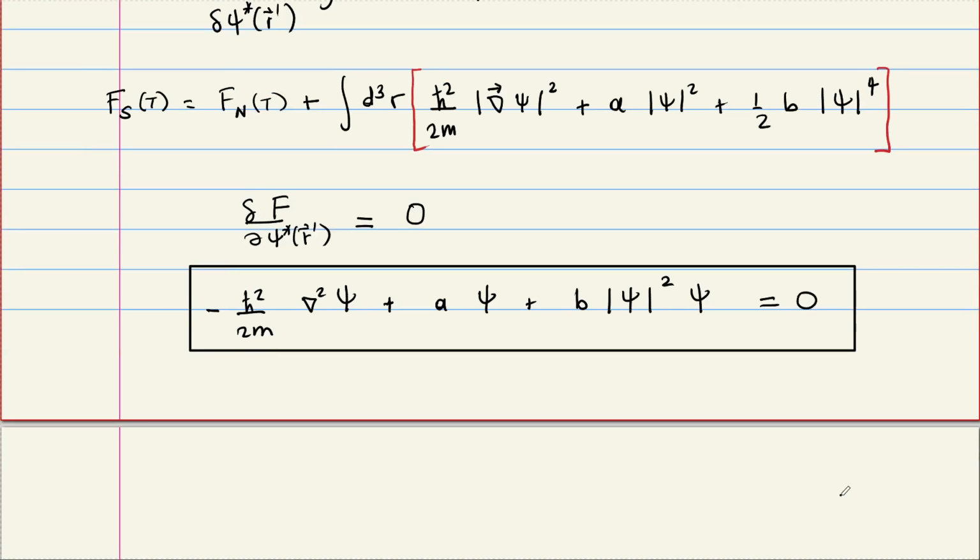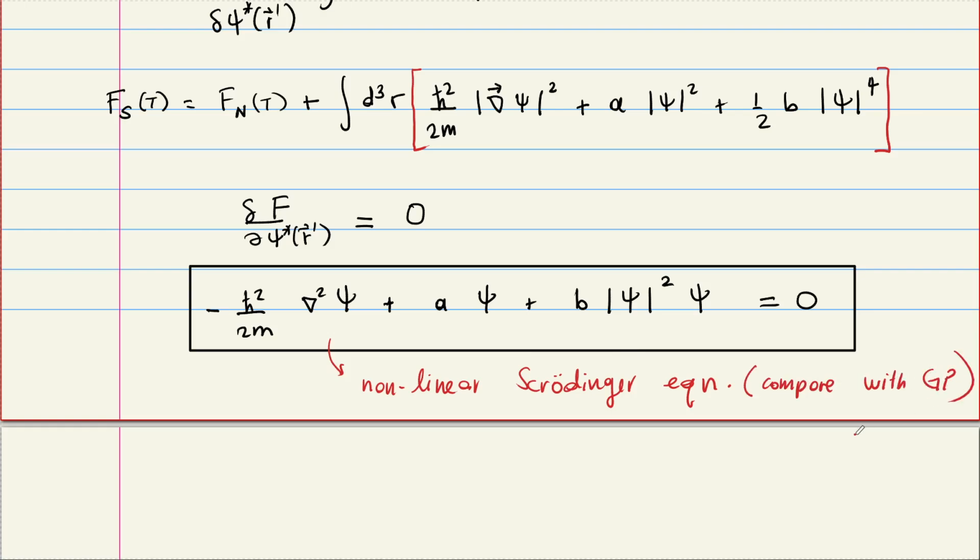So this is what we call the nonlinear Schrödinger equation, because of this term. And because it is nonlinear, the superposition principle does not apply anymore. And you should also compare with Gross-Pitaevskii. Good.